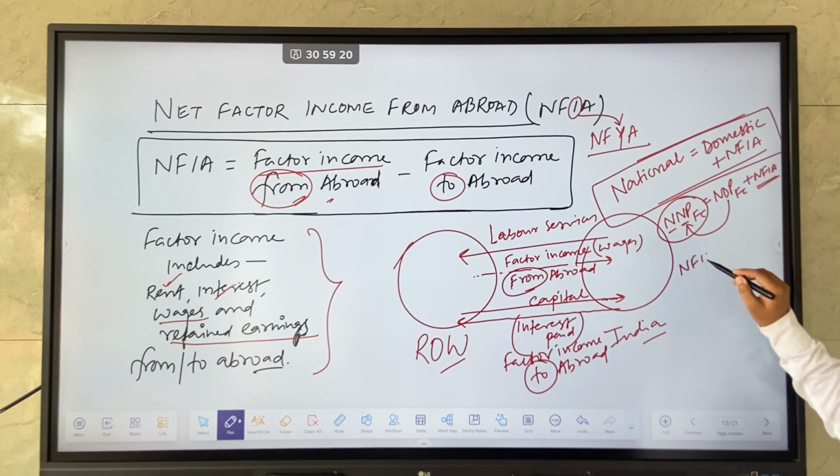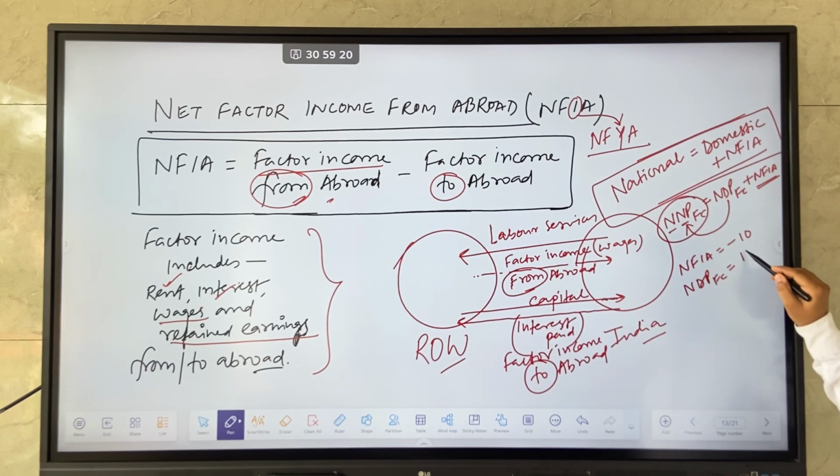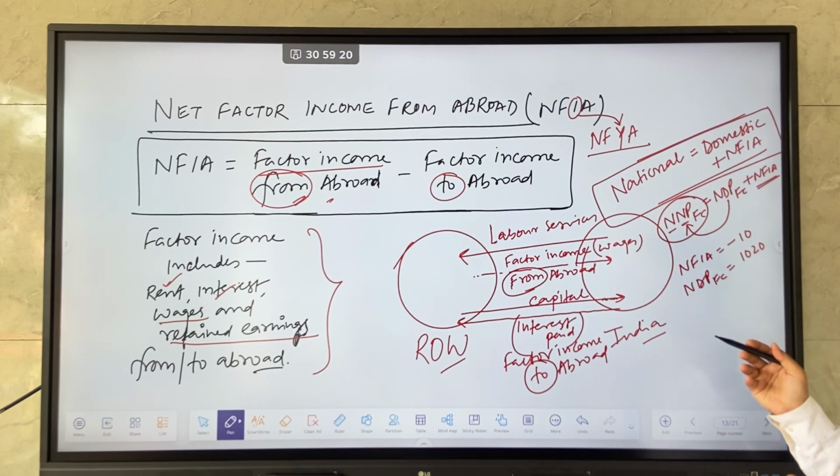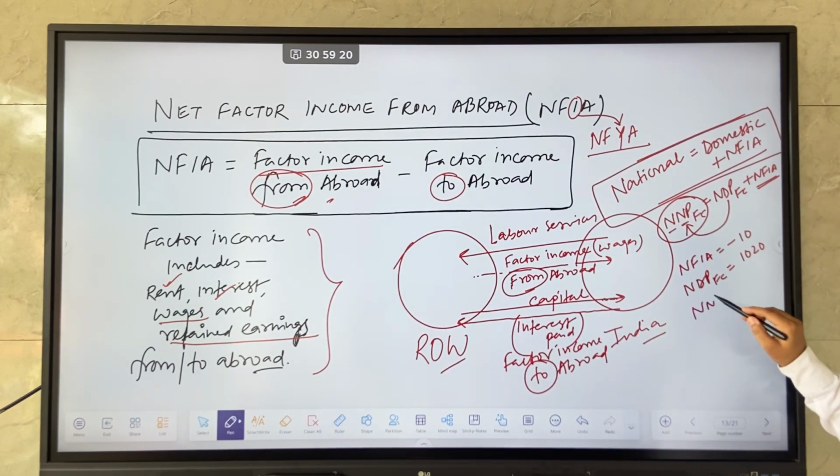Suppose NFIA is negative 10 and NDP at factor cost is, say, 1020. All these values can be in rupees, crores, or million US dollars, whatever you take. Now what is NNP at factor cost? Just see how you get national income lesser than domestic income.